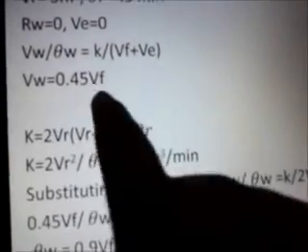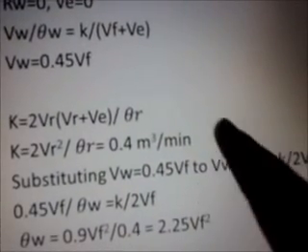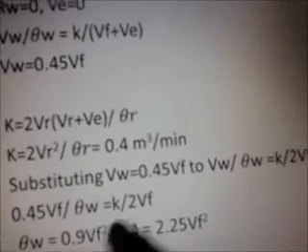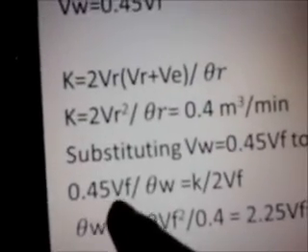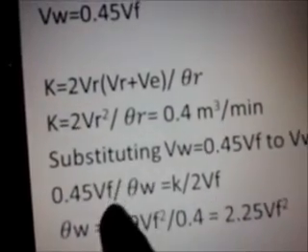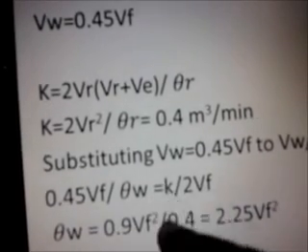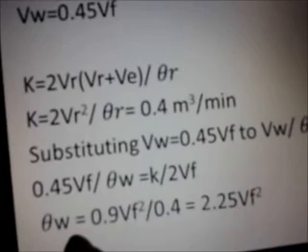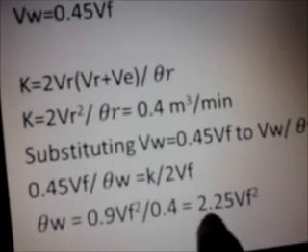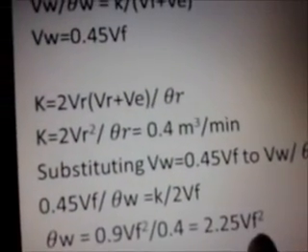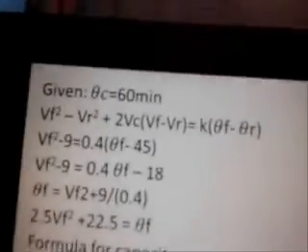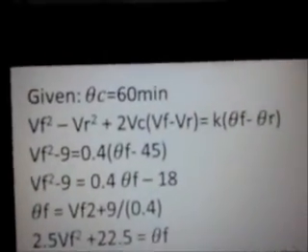So substituting this one to the formula derived, we will have 0.45 Bf all over theta W is equal to K to Bf. So theta W is now equal to 2.25 Bf squared. And then given again the time for cleaning, which is 60 minutes or 1 hour.